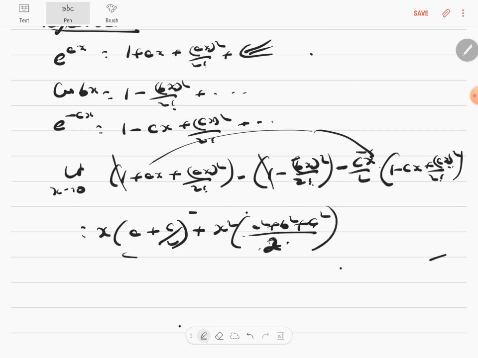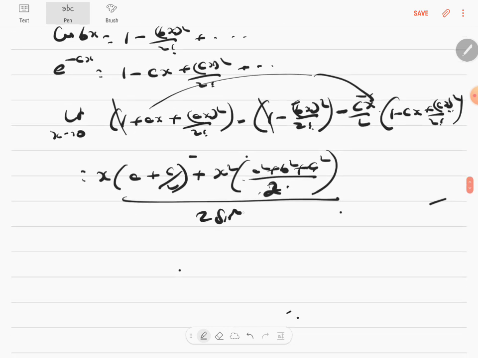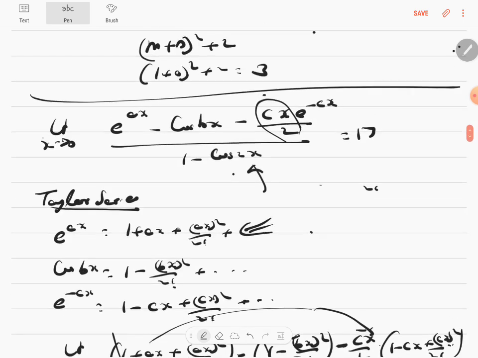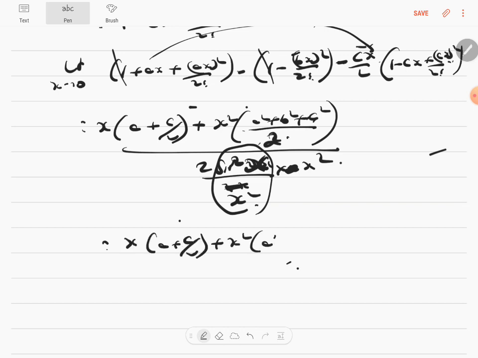And so thus you've consolidated, and you know the denominator is 1 minus cos 2x, which is 2 sine square x. So multiplying and dividing by x square, the x square becomes 1. So you'll be left with x into a plus c by 2 plus x square into a square plus b square plus c square by 2, divided by 2x square, and that itself is 17.